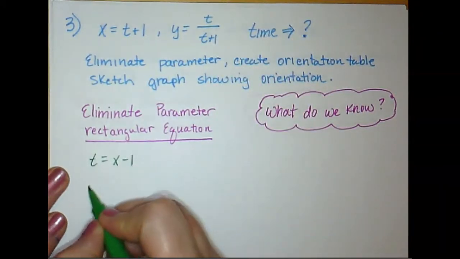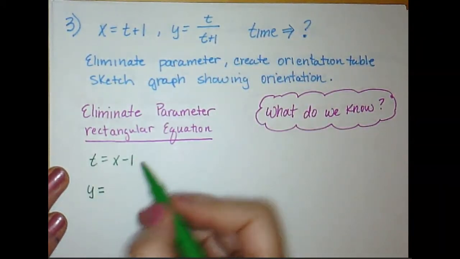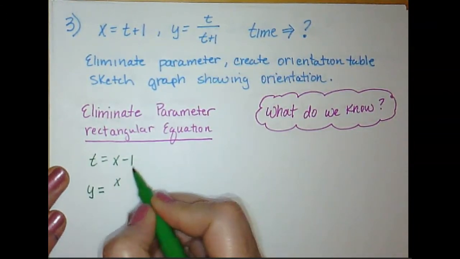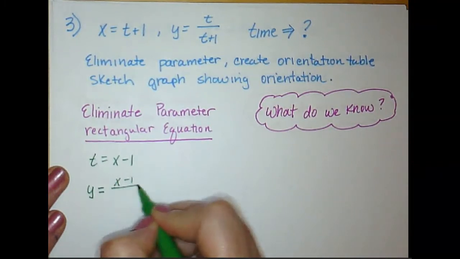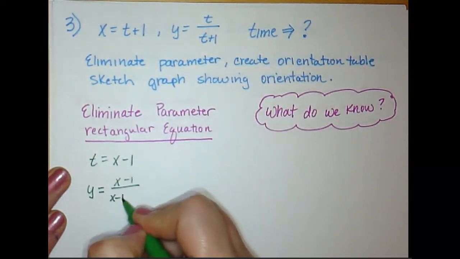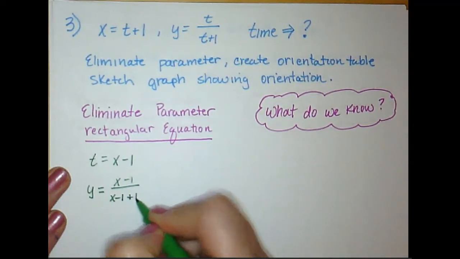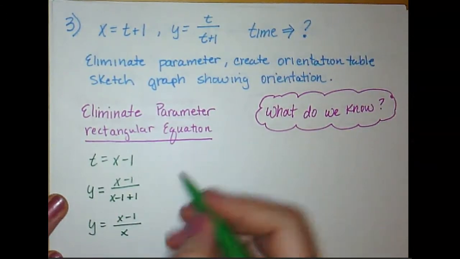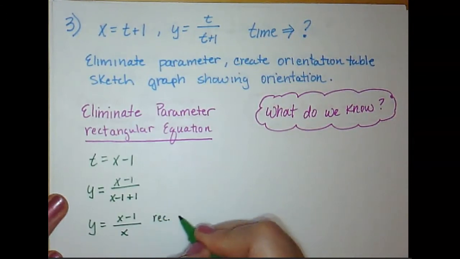So I get y equals, for t, x minus 1 on top, and for that t on the bottom, another x minus 1, and then plus 1. So my equation is y equals x minus 1 over x, and that's my rectangular equation.